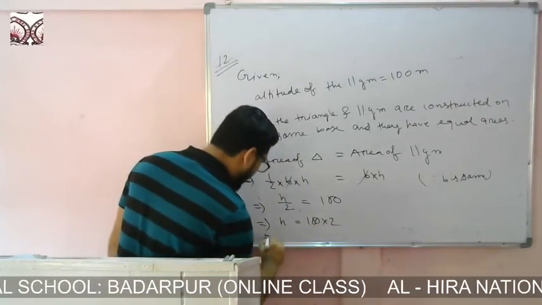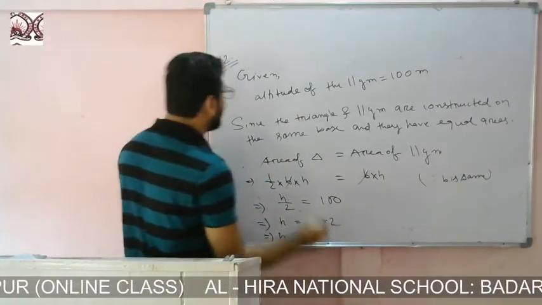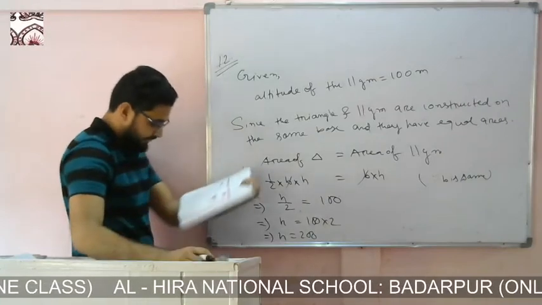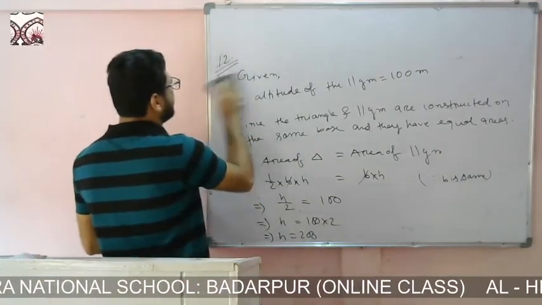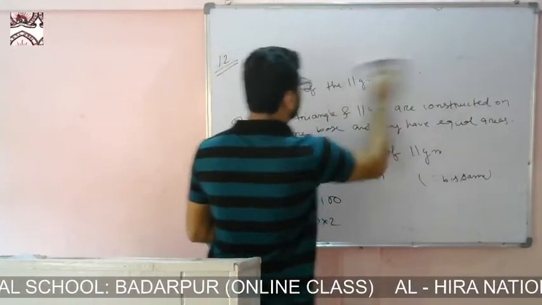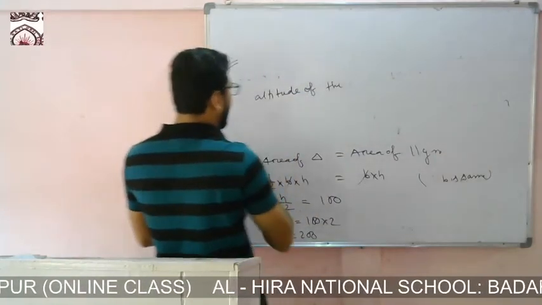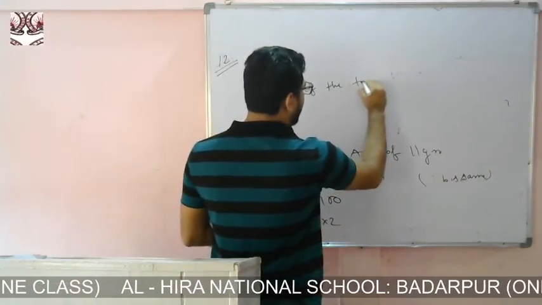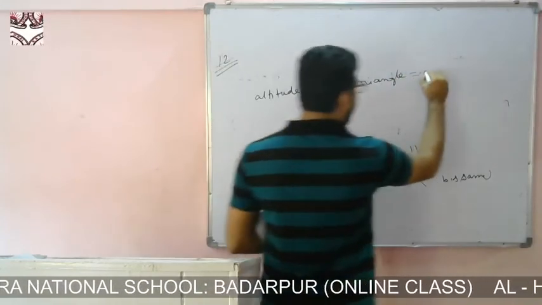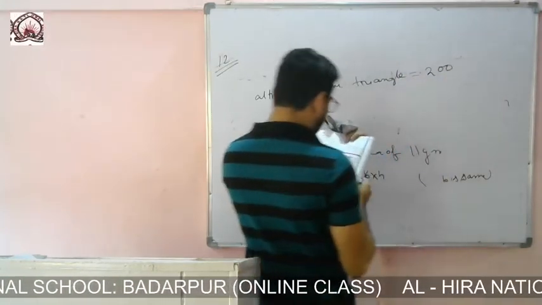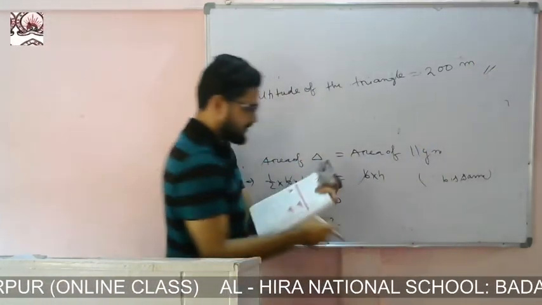That means h equals 200. Therefore, find the altitude of the triangle. Altitude of the triangle equals 200 meter. Okay, that is the answer.